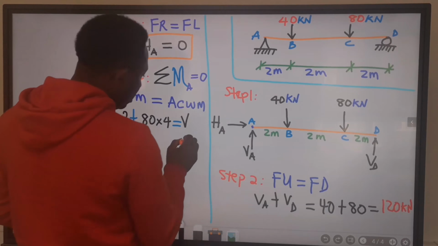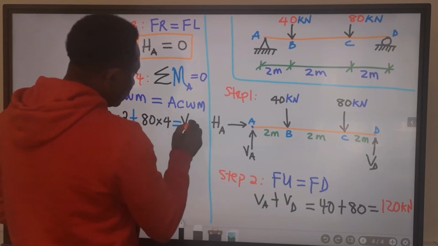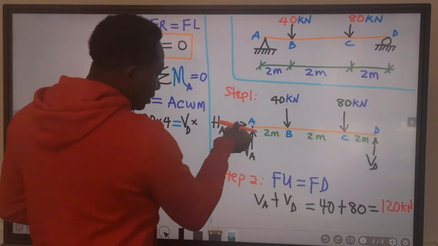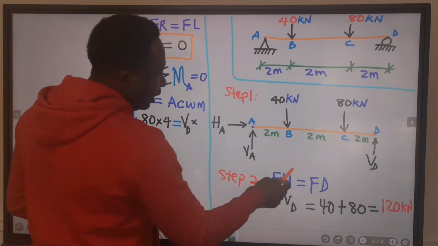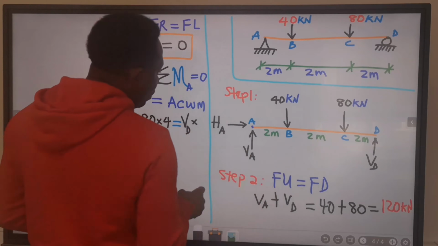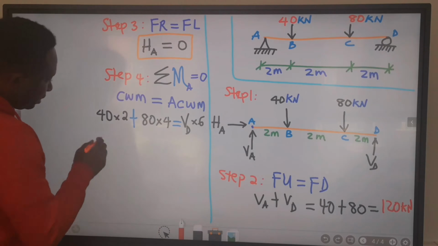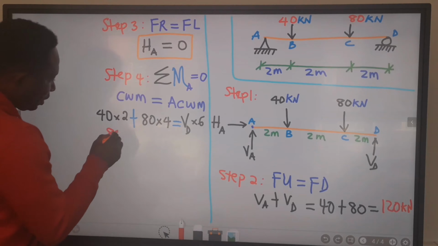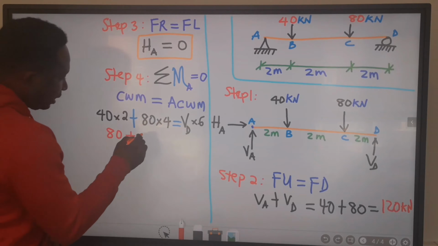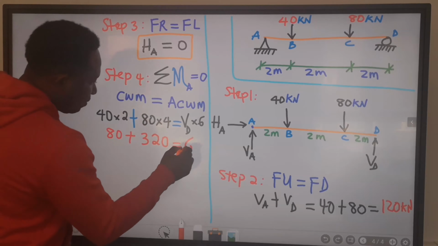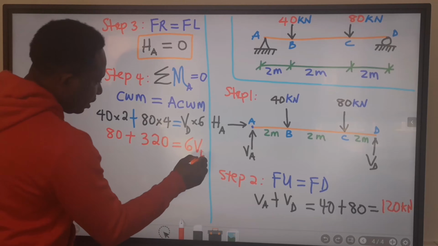V subscript D will multiply the perpendicular distance to where we are taking moment from, which is 2 plus 2 plus 2, which is 6. Next, this will give you 80. This will give you 320. And here we have 6 V subscript D.